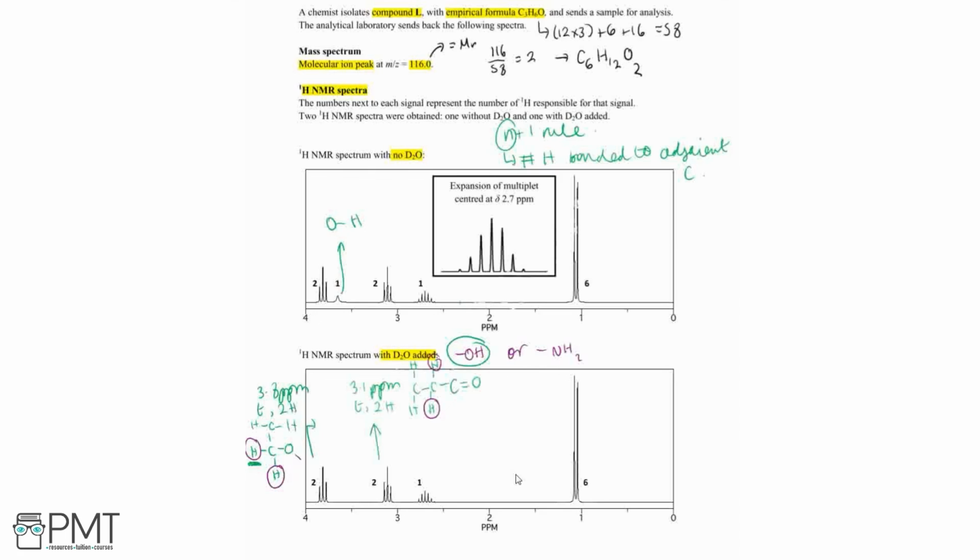So the next peak then, which we want to look at, is this one here. So we've got our multiplet here, or from the zoomed in, we can see we've got 1, 2, 3, 4, 5, 6, 7. So that's going to be a septet, and that's at around about 2.7 ppm there.